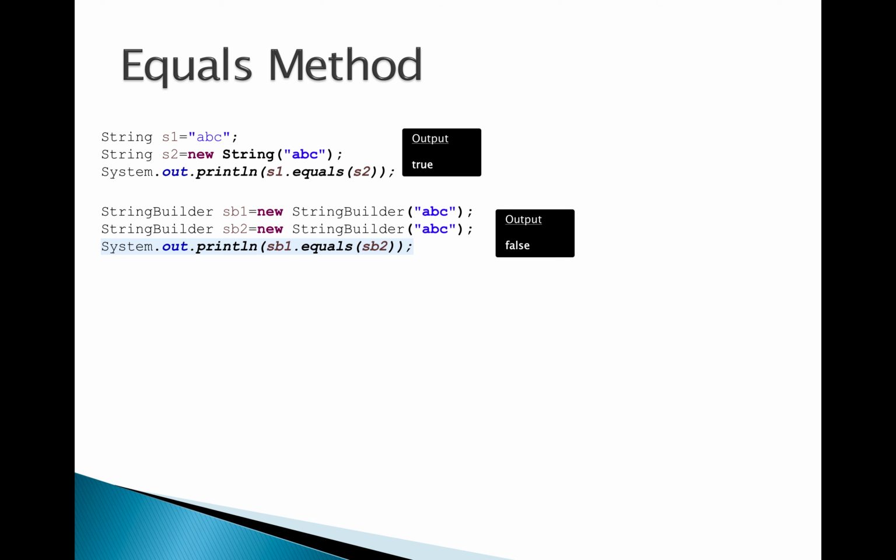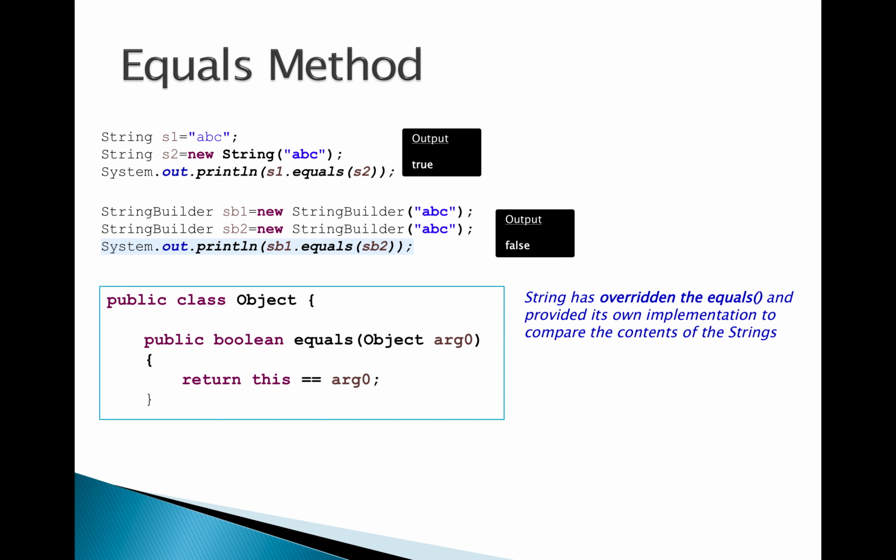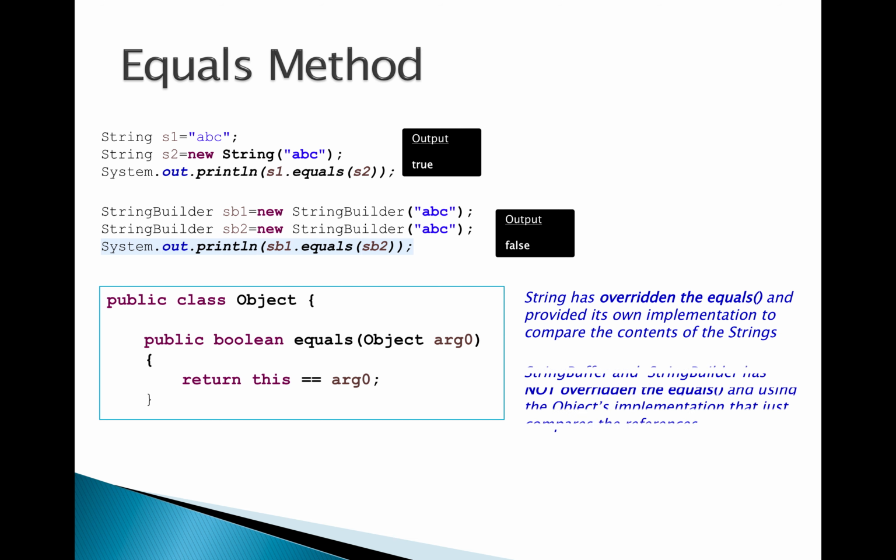That is because the equals method is an overridden method. The equals method is present in the Object class. String tries to override the equals method, and it provides its own implementation. But string buffer did not override the implementation of the equals method, which means it is going to use the Object class equals method.